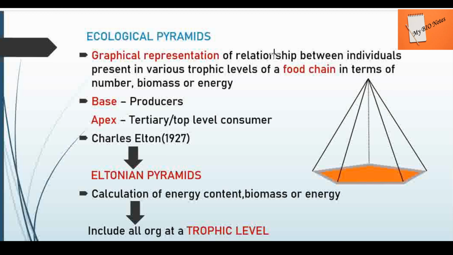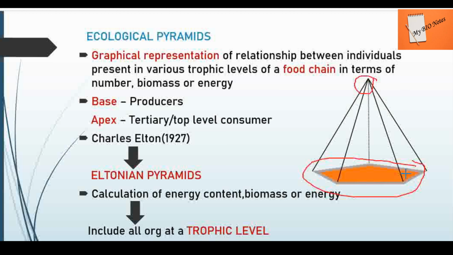Next, coming to the ecological pyramid. A pyramid, the shape you might have learnt in geometry, will have a base and an apex. The top portion is called the apex.